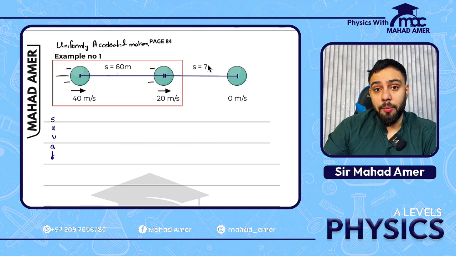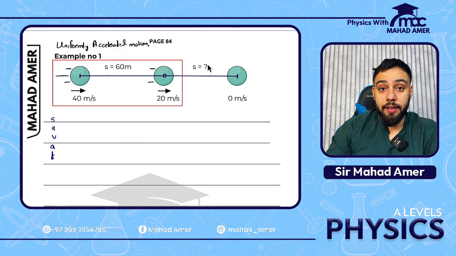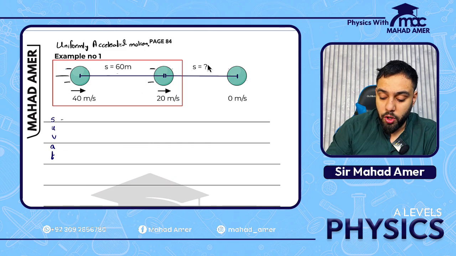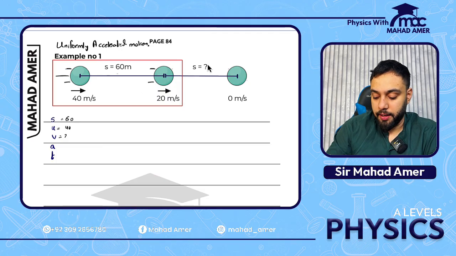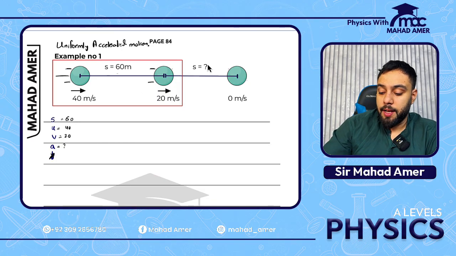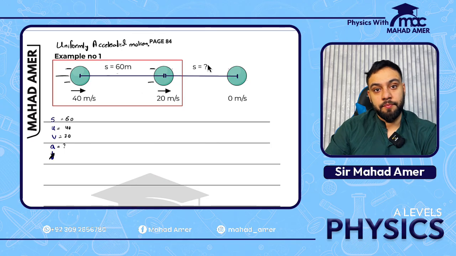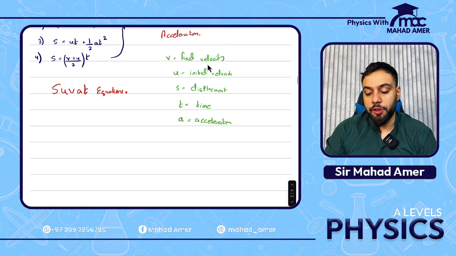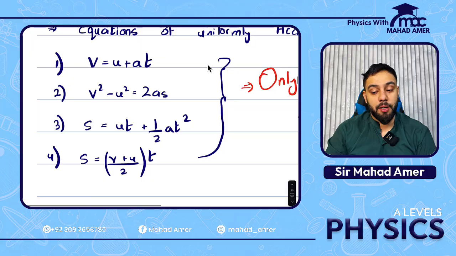So from here I can first of all calculate acceleration. So I've got S, I've got U, I've got V, I need A. There's no need to get time, so time is not important.